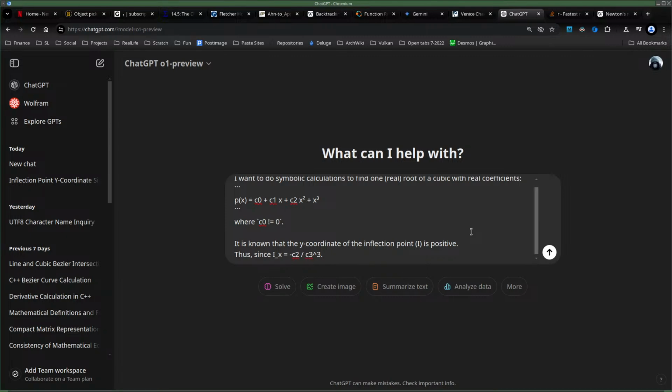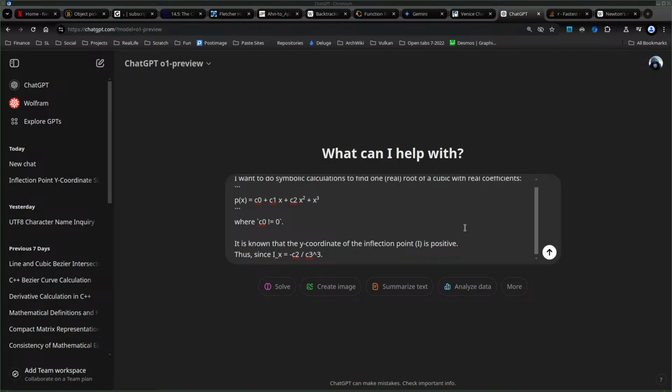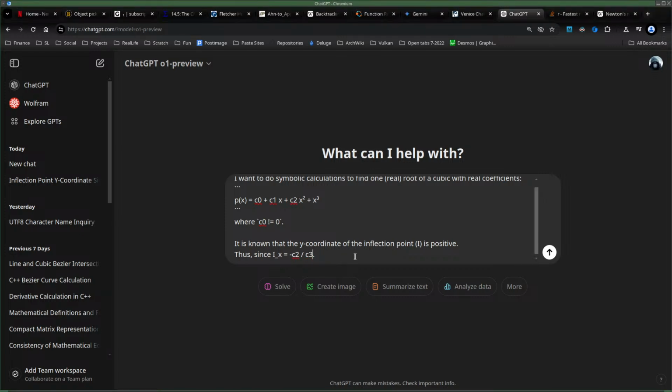Let me have a look at Discord already. Wrote that down there. It's minus C2, oh, it's just way easier. 3 times that. The inflection point is where the second derivative is 0.